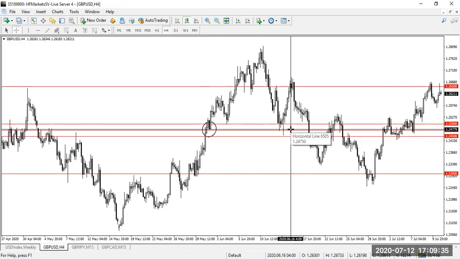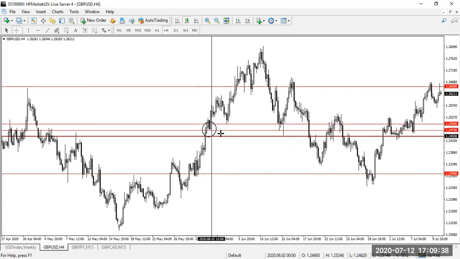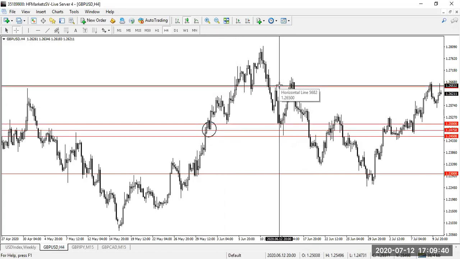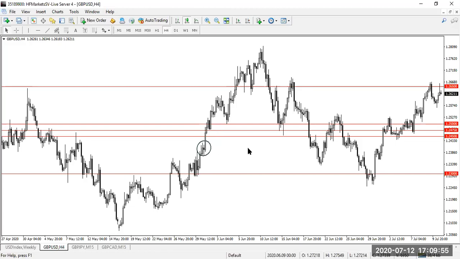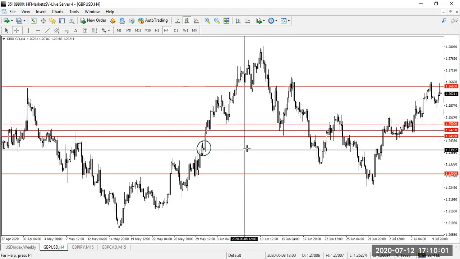We couldn't hold this area as our swing low while it had been broken by this candle. Sorry, just a moment. This is our swing low, this area. This is our correct swing low because this one has already been taken out. If it is an order block, this one has been broken.